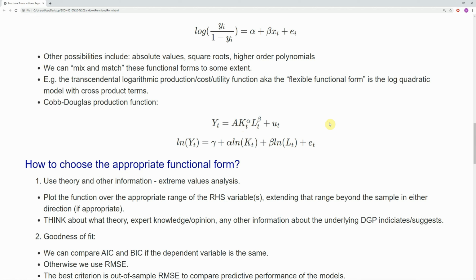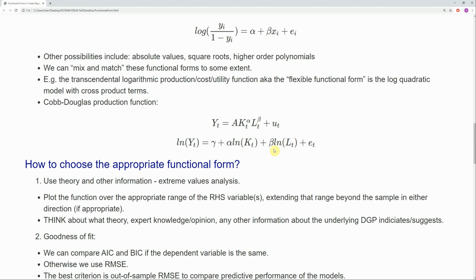If you take the log of y of t and take the log of this part, you can have this equation down there that says log of production equals some intercept plus alpha multiplied by log of capital plus beta multiplied by log of labor.